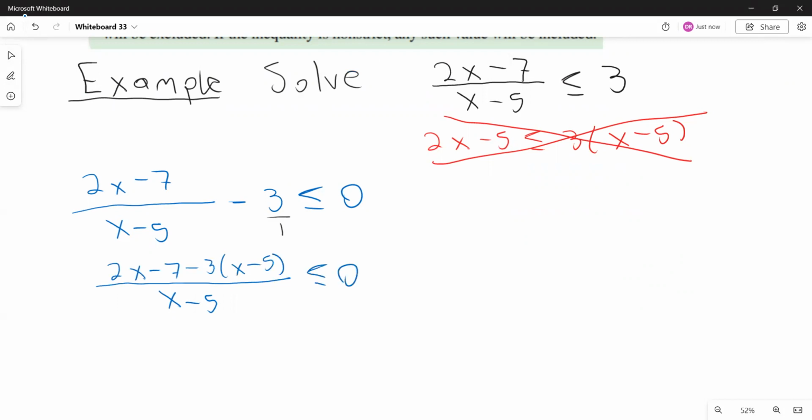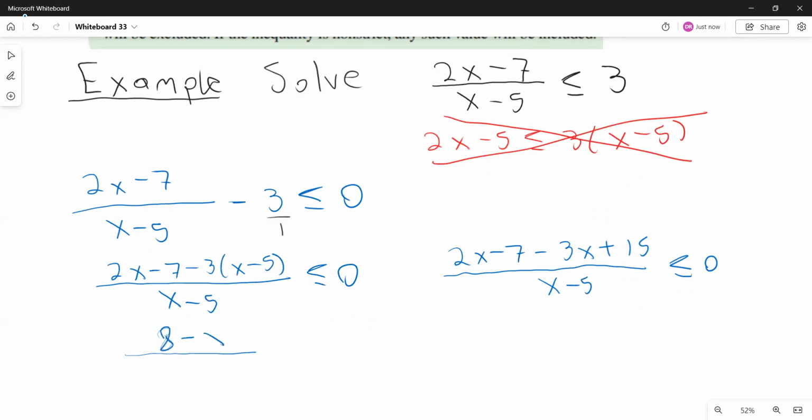Okay, so I'm going to use the space on the right. 2x minus 7 minus 3x plus 15 over x minus 5 is less than or equal to 0. And in simplest form, 2x minus 3x is minus x, and minus 7 plus 15 is 8. So 8 minus x over x minus 5 is less than or equal to 0.